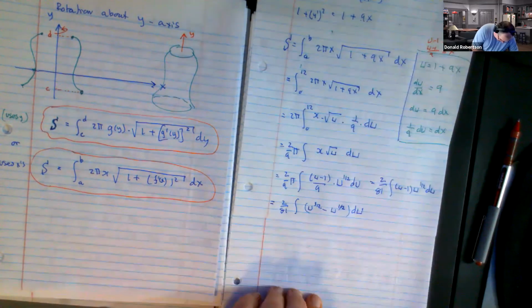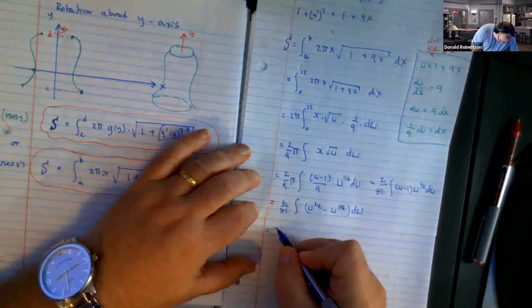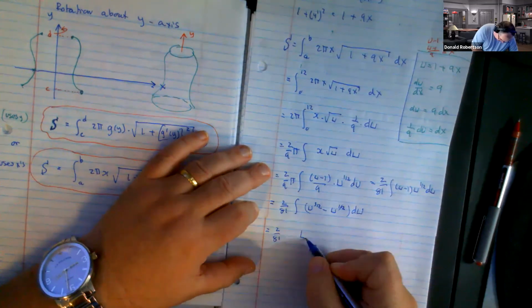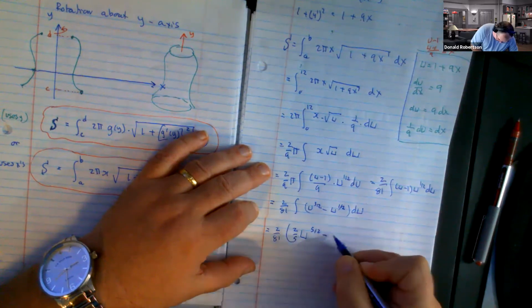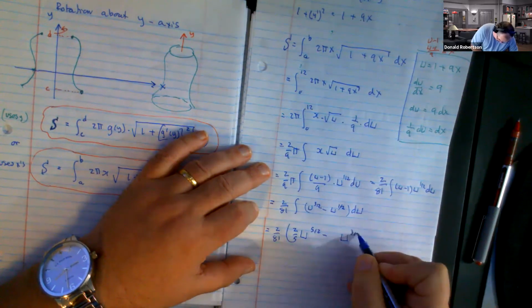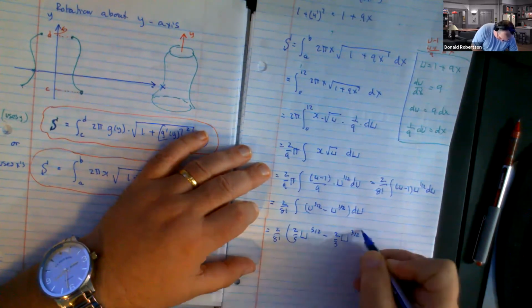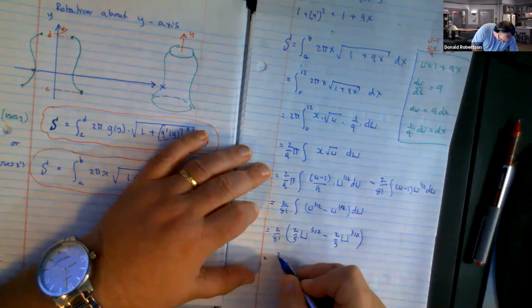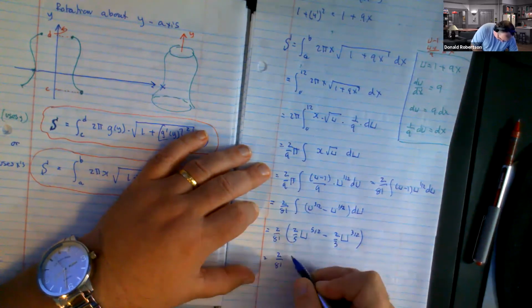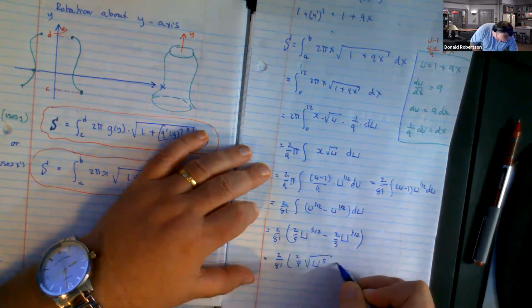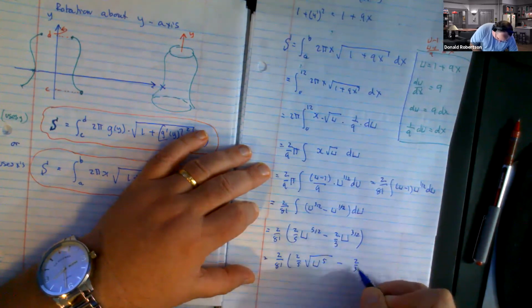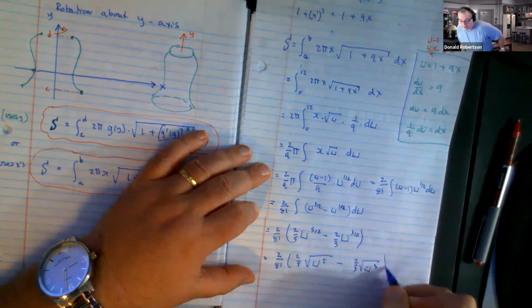Okay, so add 1 to the power, divide by the new power, add 1 to the power, divide by the new power. Make it look pretty. Okay, what should I do next?